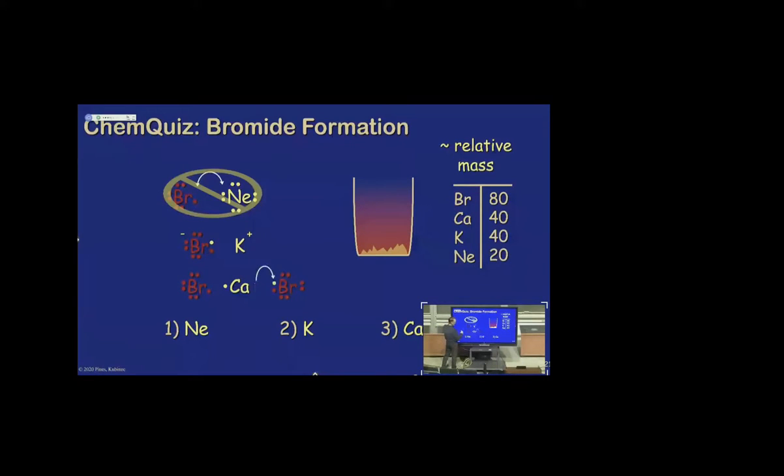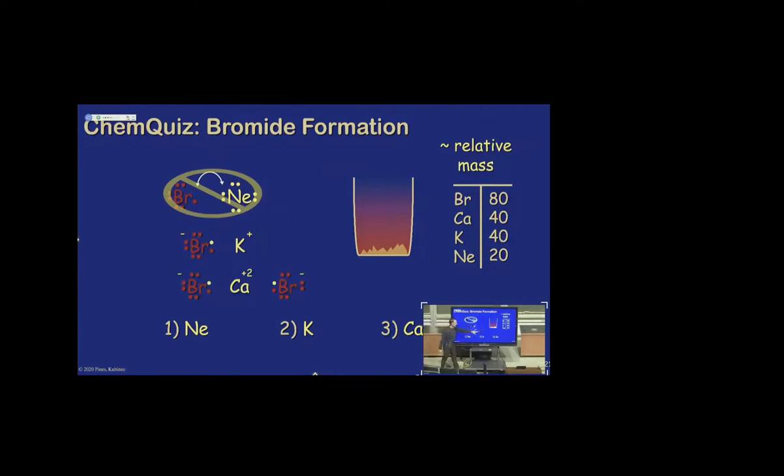Reacting with calcium, now calcium has 2 s electrons, 2 outer shell valence electrons to give up, so 2 bromines could react, and you would get calcium plus 2 and 2 Br minuses. Overall, that's still 0 charge.